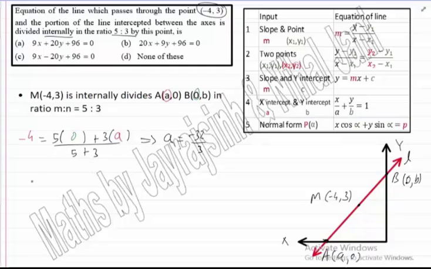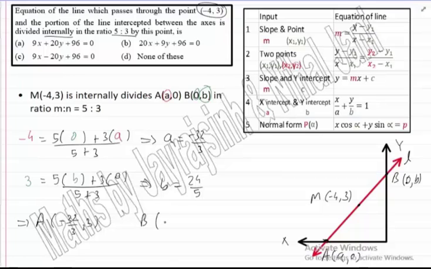Similarly, we have to calculate for the y coordinate. 3 is equal to 5 bracket plus 3 bracket upon 5 plus 3. And here we have to put the y coordinate of B and the y coordinate of A. So here we will get b is equal to 24 by 5, right? So we get point A (minus 32 by 3, 0) and point B (0, 24 by 5).